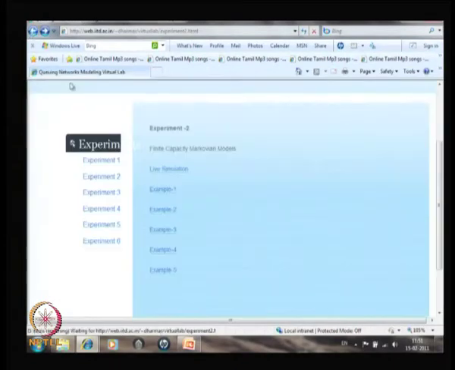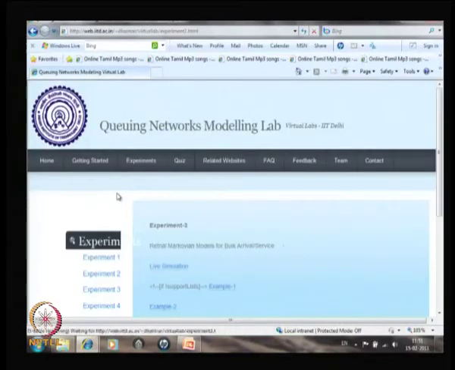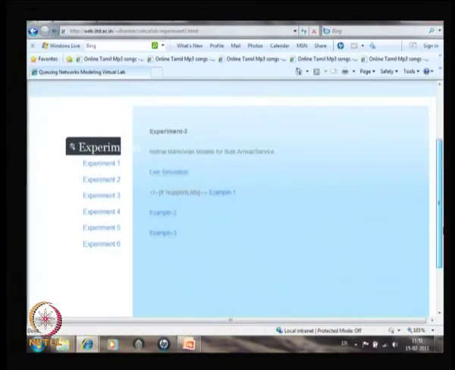Now, let me go back and go to experiment 3. In experiment 3, we have a retrial model with bulk arrival and bulk service. So now it is no more a birth-death process simulation; this is a non birth-death process, because you have a bulk arrival, a bulk service, and the retrial.